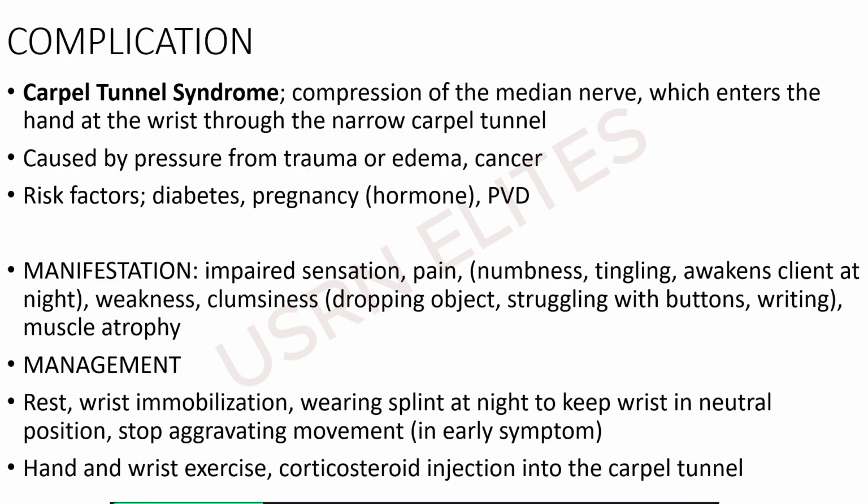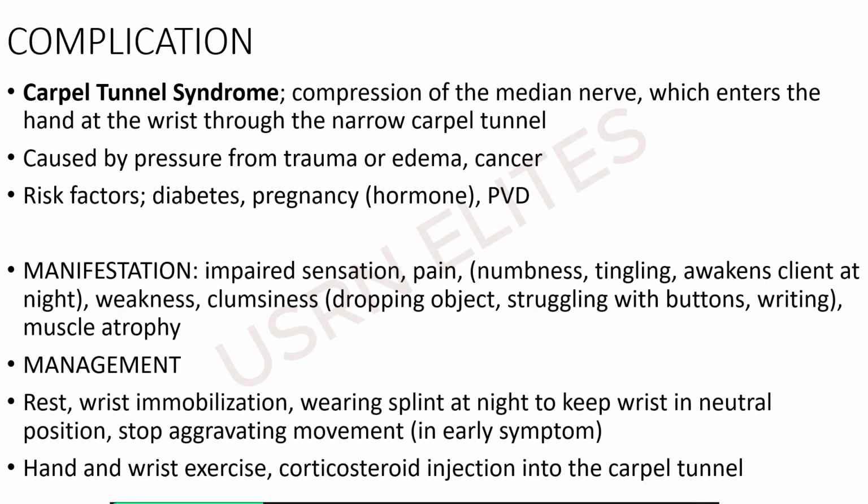Okay. It can happen in what? Diabetes. You know, diabetes, we're looking at nerve, if it affects the nerves. Pregnancy, because of what? Hormone. And even menopause. And even premenstrual, because of hormonal involvement. Okay. And peripheral vascular disease.